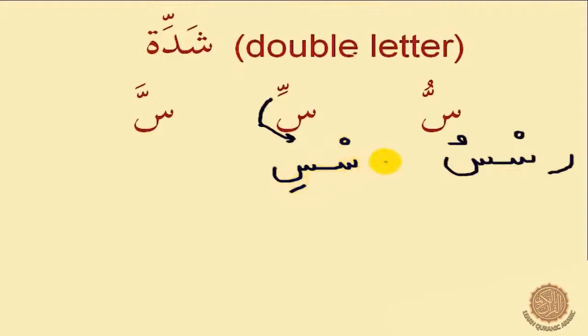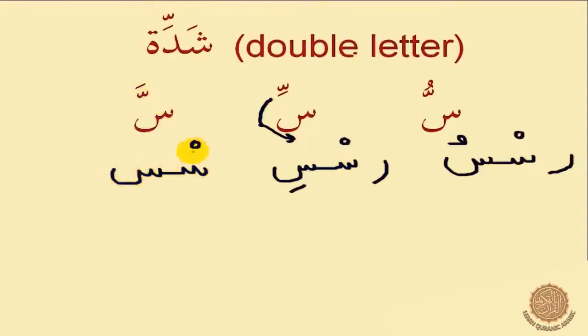So if you put the ra once again, it would be pronounced as rassi. Rassi. Notice how I give emphasis to the seen. It's the doubling of the letter. Not rasi, rassi.